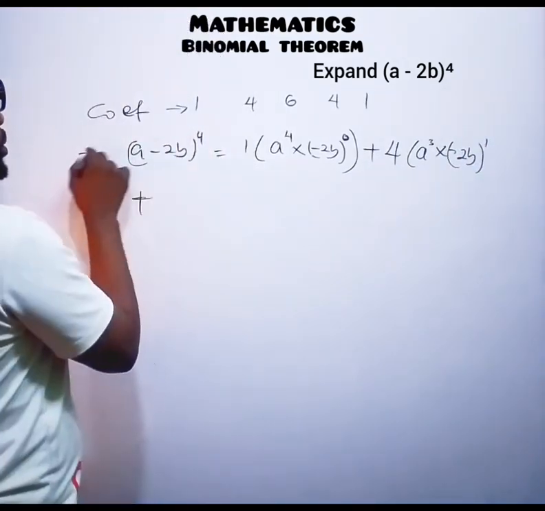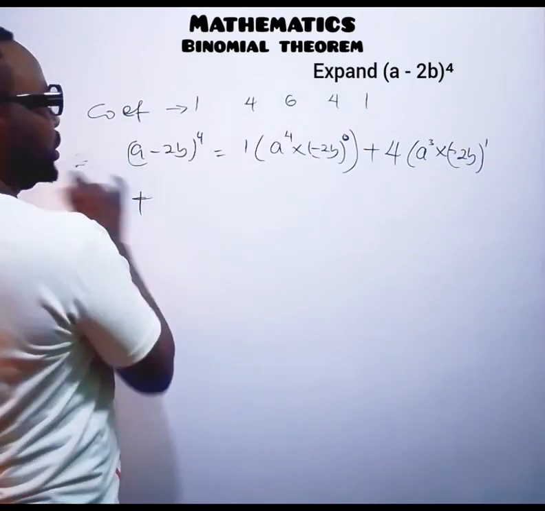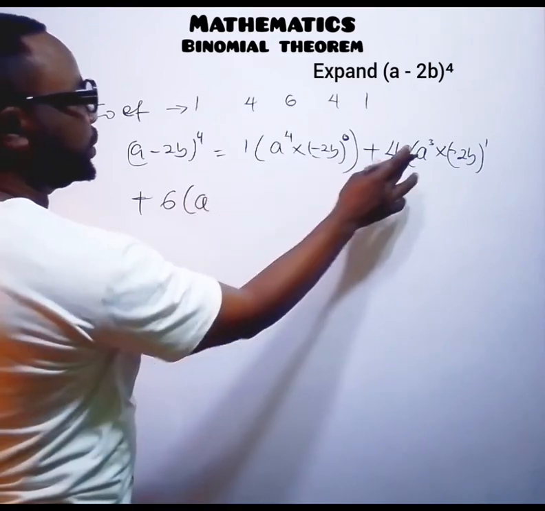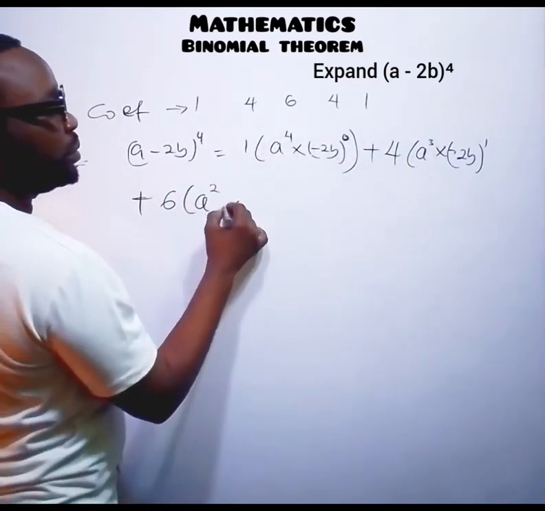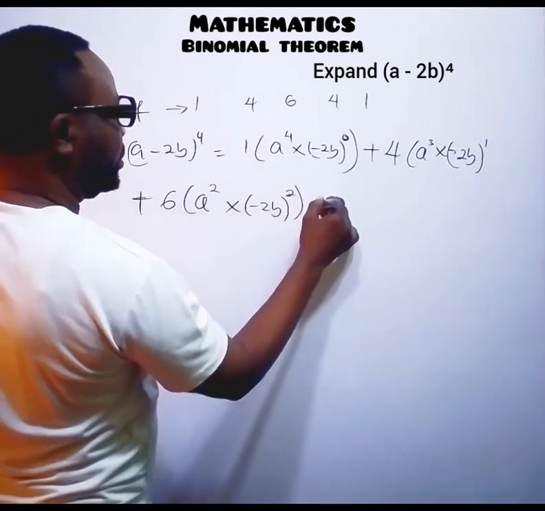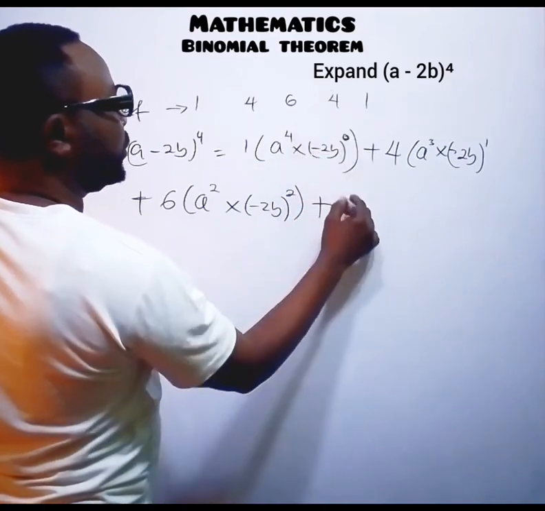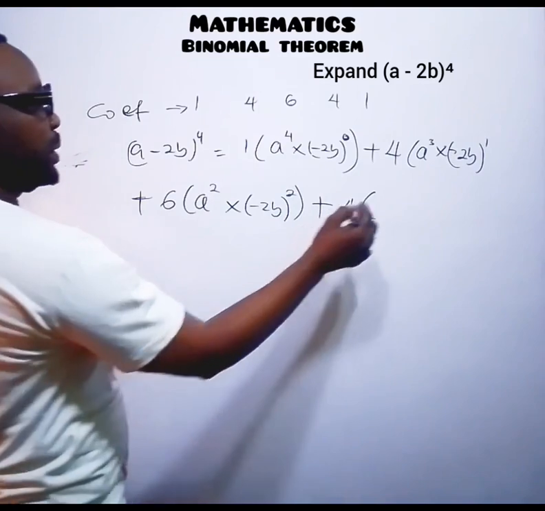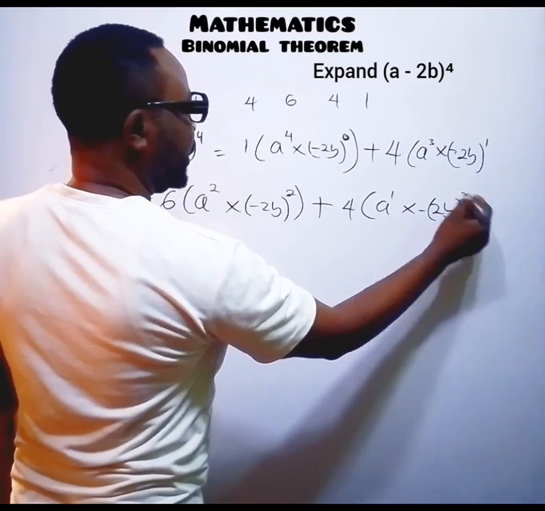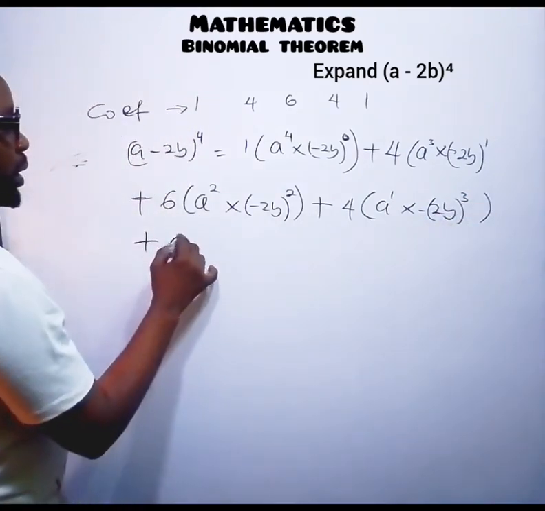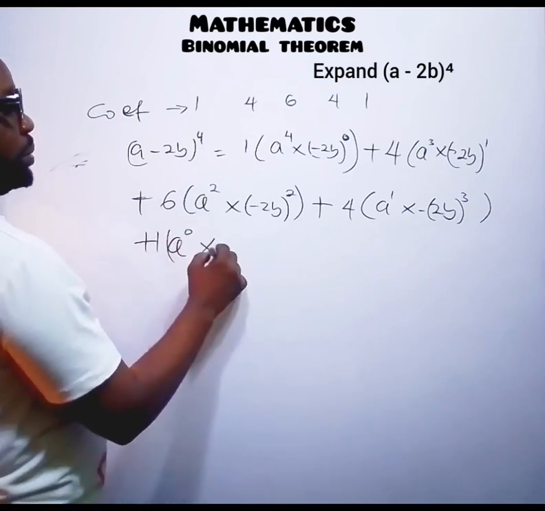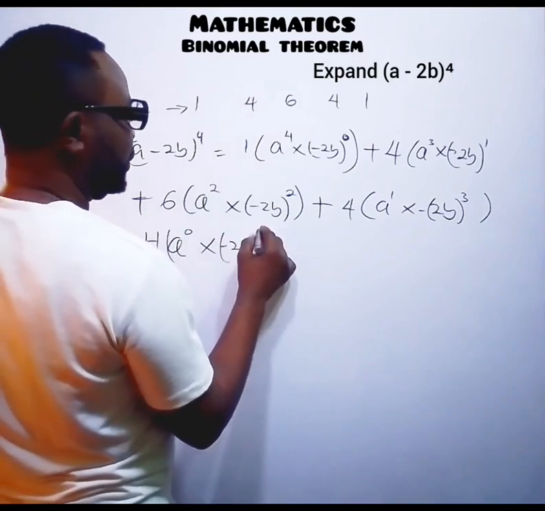Plus a raised to the power of, what is the coefficient? 6 into a raised to the power of 2 now, multiplied by minus 2b raised to the power of 2, plus 4 into bracket a raised to the power of 1 multiplied by minus 2b raised to the power of 3, plus a raised to the power of, what is the coefficient there now? 1 in bracket a raised to the power of 0 multiplied by minus 2b raised to the power of 4.